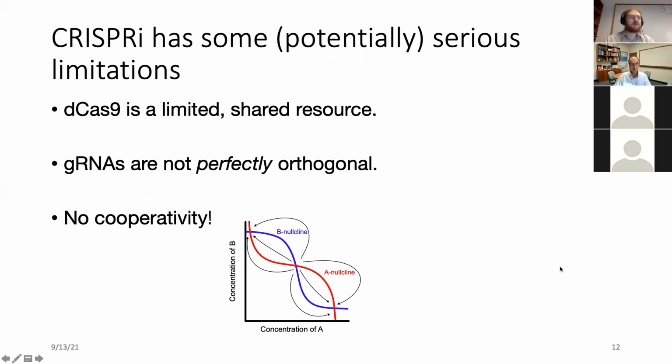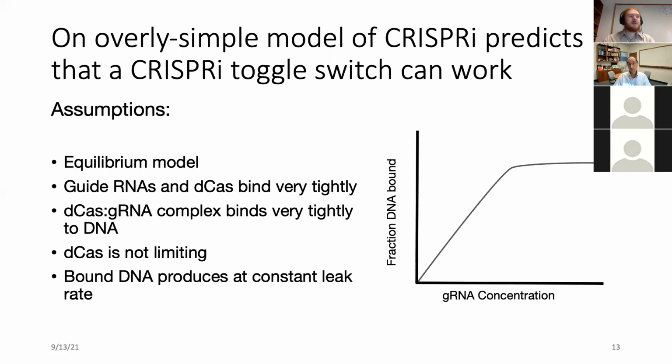So we'll start trying to understand what CRISPRi can do by looking at a really, really oversimplified model of CRISPRi. And this is an equilibrium model where we assume that guide RNAs and dCas bind very tightly, that complex binds to DNA very tightly, that you have infinite amounts of dCas at your disposal, and that binding happens instantaneously.